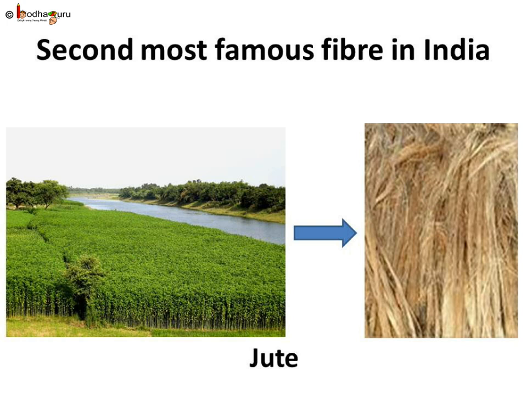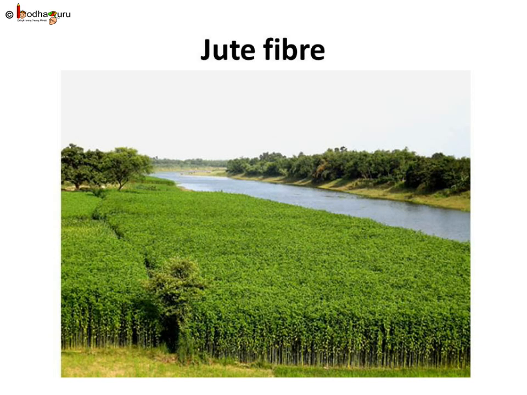Many beautiful bed sheets, curtains, carpets, etc. are made of jute fibers. The jute seed is sown during monsoon in warm weather. The jute plant grows to 8 to 10 feet in height in 3 to 4 months, after which it is cut. Jute is harvested mainly in West Bengal.